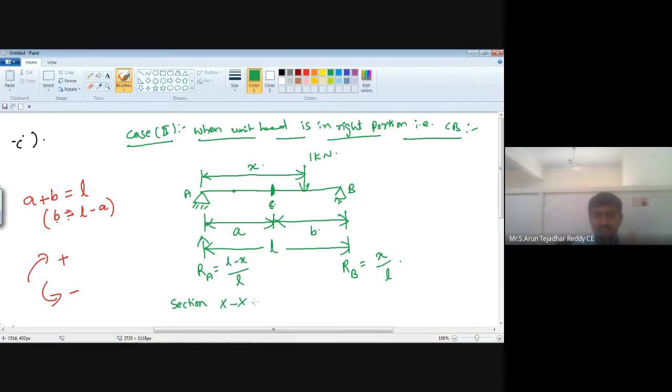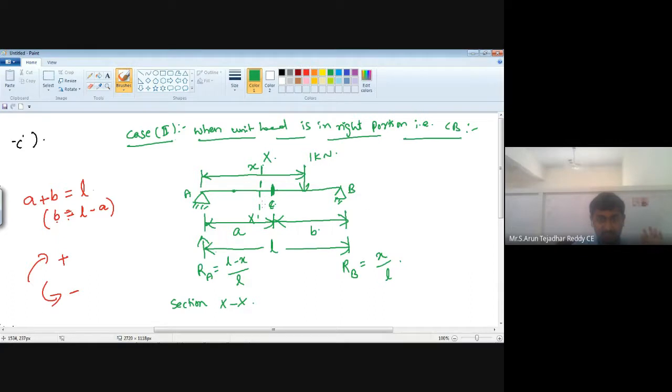You can consider a section either between AC or between C and B. That is your wish. You can take the section anywhere, but finally you will get the same result. So here also I am considering a section XX just to the left of C.